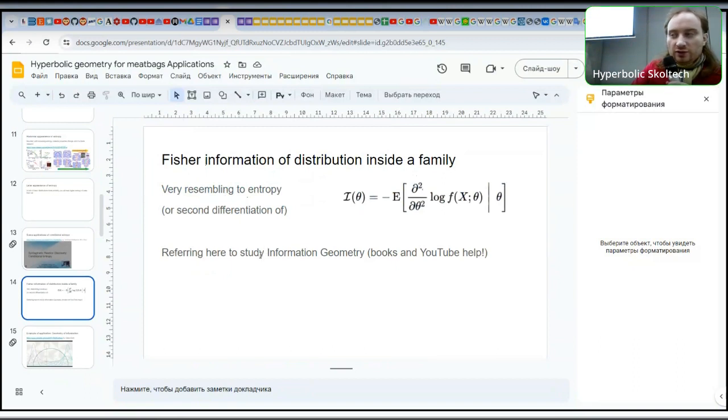You probably heard about it in your statistics classes, but it is also used in information geometry, and this is how it relates to hyperbolic geometry.